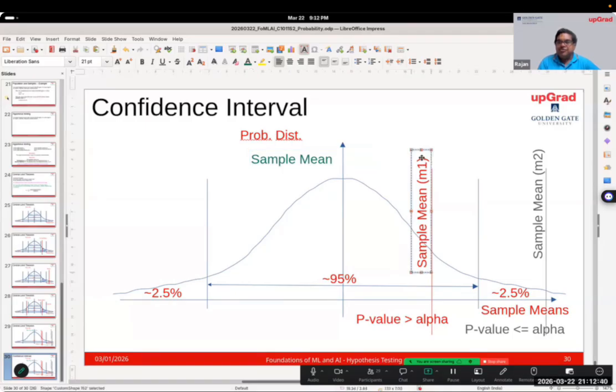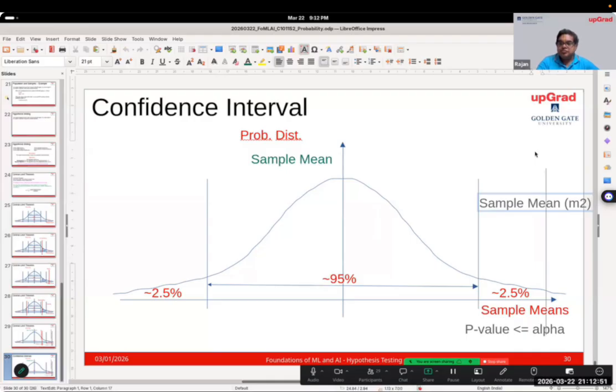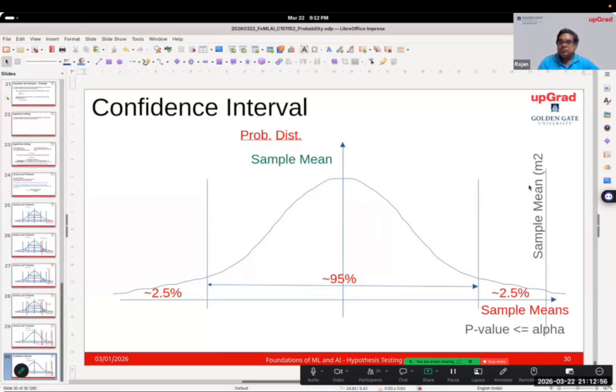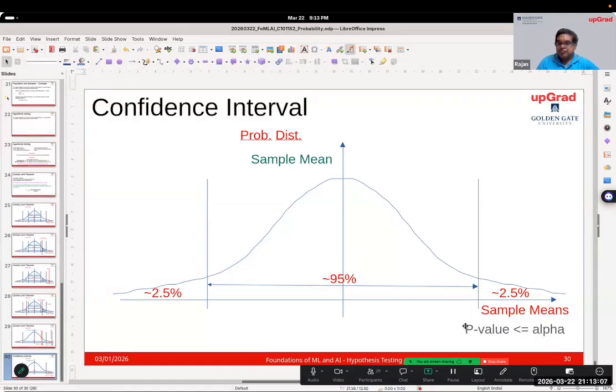Now this makes it a very different scenario, right? This is the sample mean, centered around the sample mean.